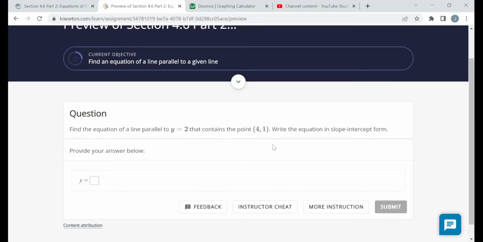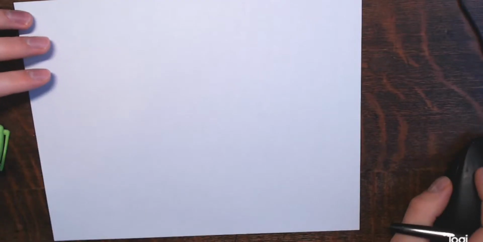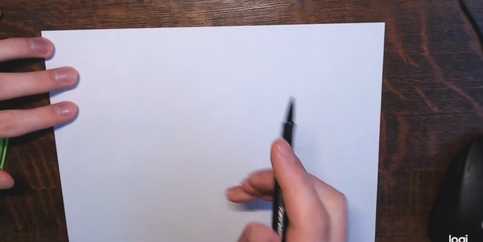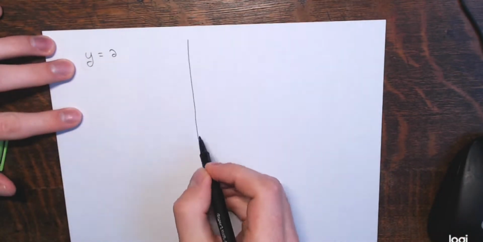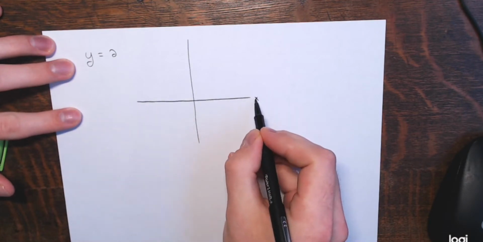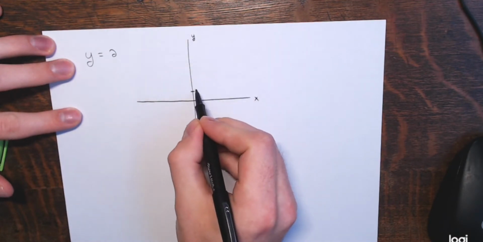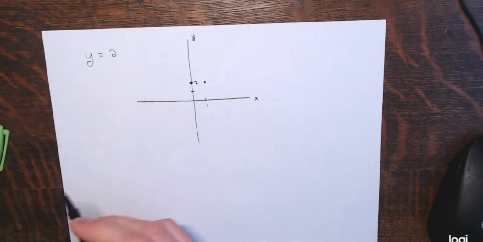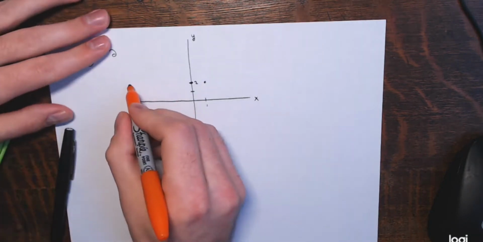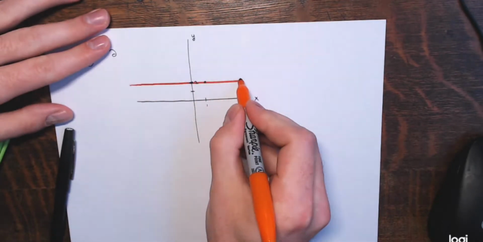And it passes through the point 4, 1. So I can make a quick drawing of that. Y equals 2 looks like this. And you got 0, 2, 1, 2, 2, 2, right? The y coordinate is 2 all the time. Right, there's y equals 2.